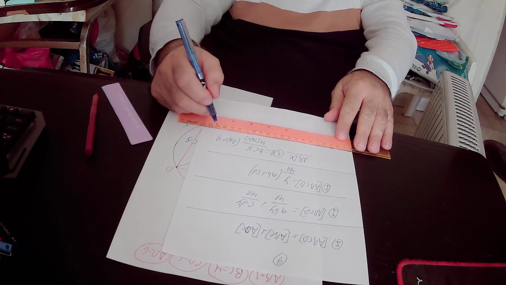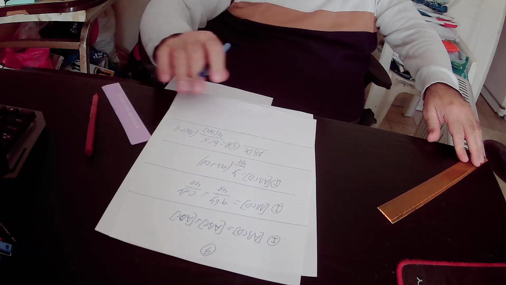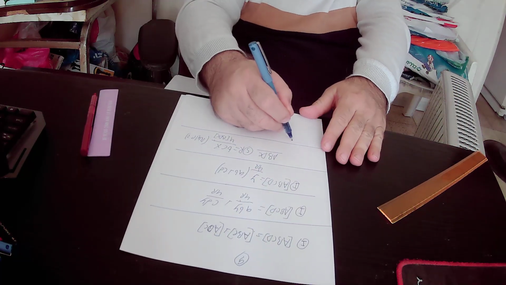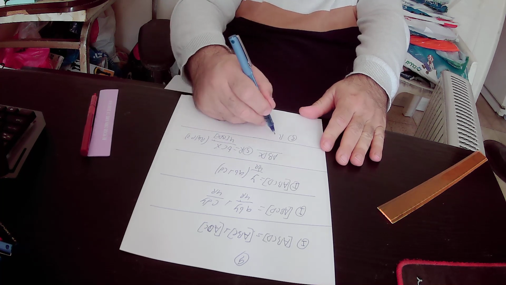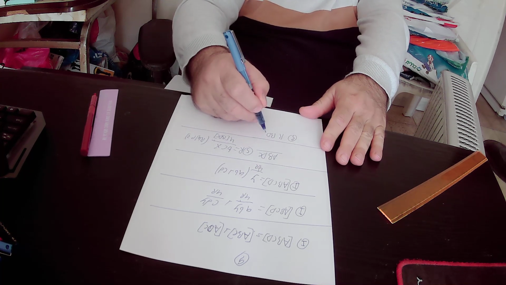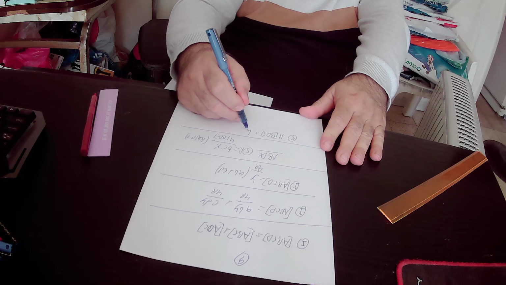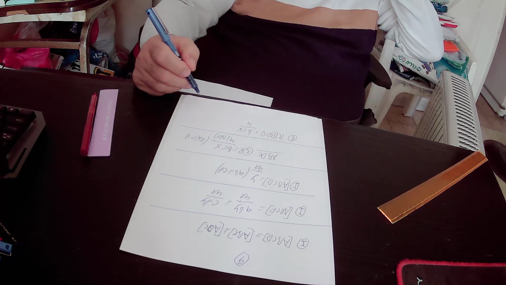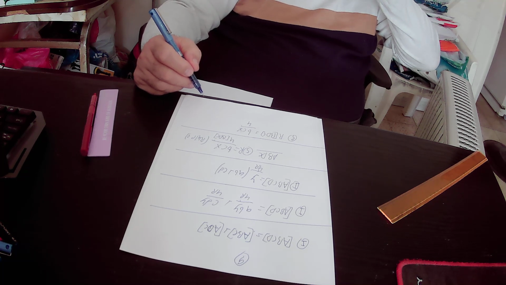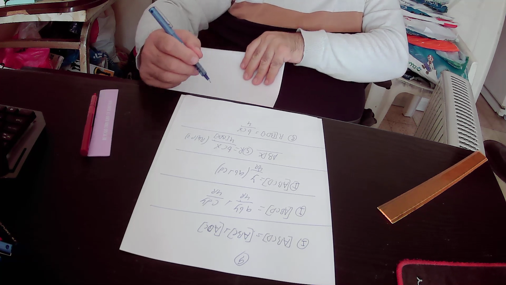So here we will multiply equation number 5 by the area of triangle BDC, and we will get that R times the area of triangle BDC equals BCX over 4. Here we will divide equation number 5 by R, and we will get the area of triangle BDC.